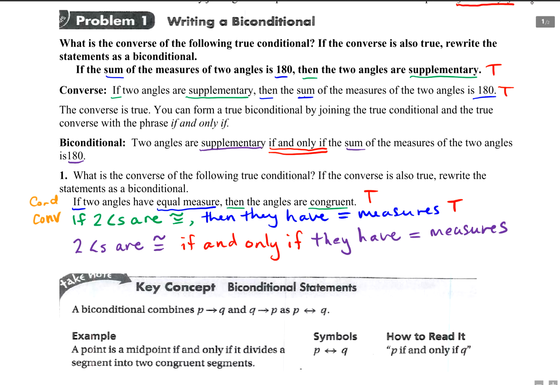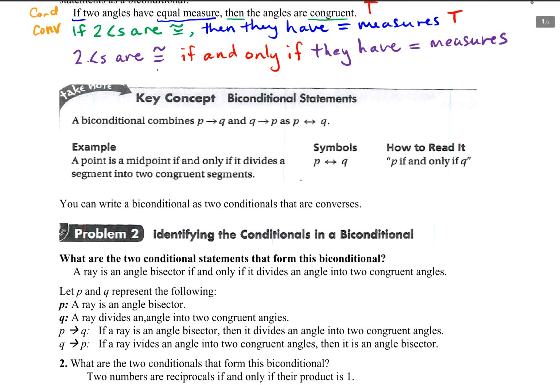So two angles are congruent if and only if they have equal measures. Now, this one would be okay if we said if two angles have equal measures, then they are congruent. Or if two angles have equal measures, if and only if they are congruent. It's true both directions, right? Our conditional and our converse are both true, but it's better to write it the first way because we are defining congruent.